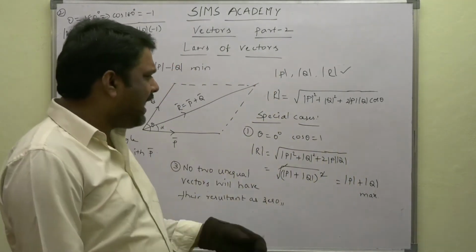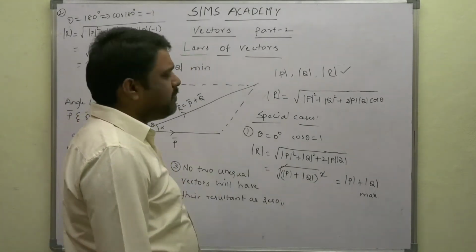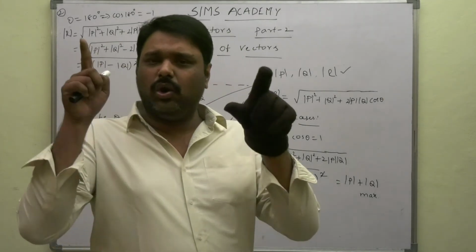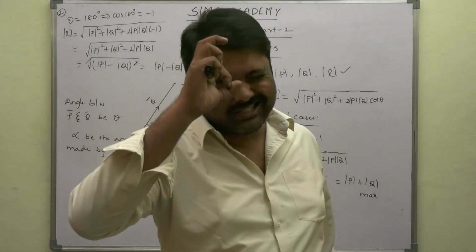For our convenience I am not using the modulus. It becomes maximum when the two vectors are parallel, and minimum when the two vectors are anti-parallel. And the third case we have discussed is no two vectors with unequal magnitude will have the resultant as 0.